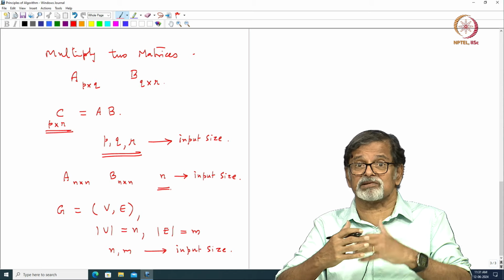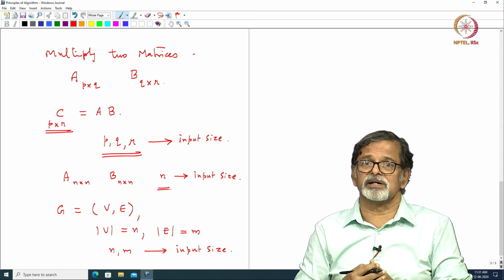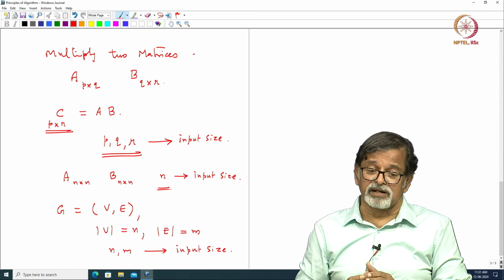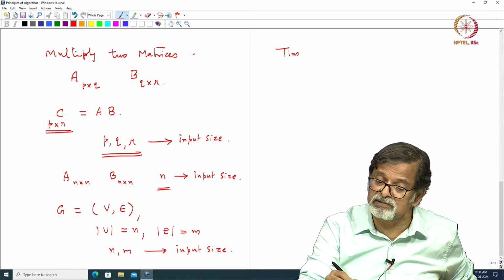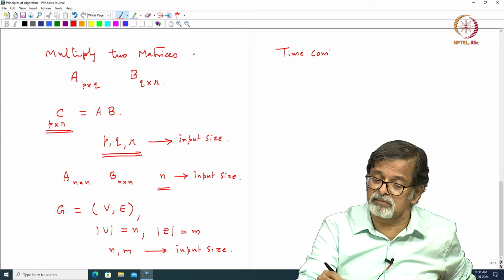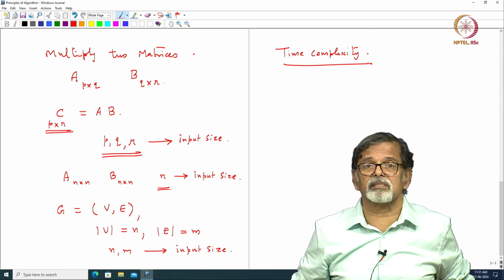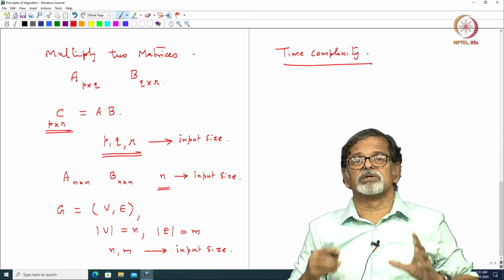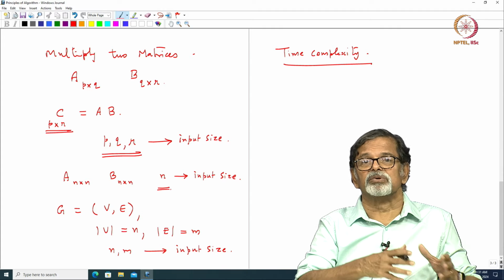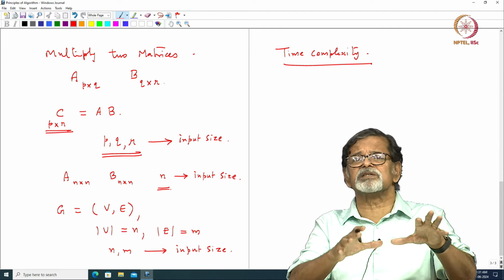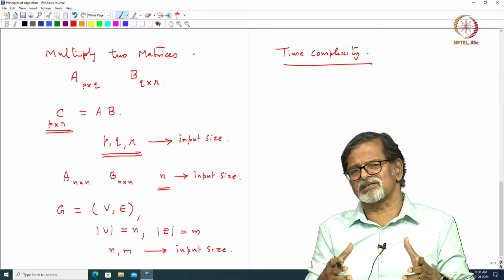Now look at the process. Input was one concept, and the next concept is the process. We are interested in the notion of time complexity. How much time a computer will take if you execute this algorithm? An algorithm is basically an idea, a sequence of instructions.